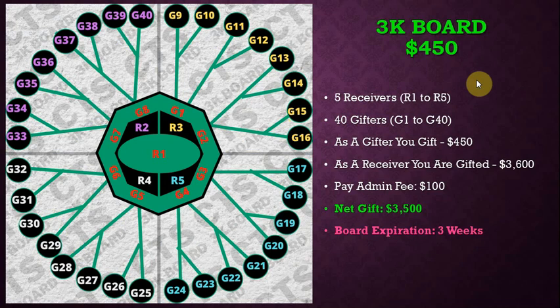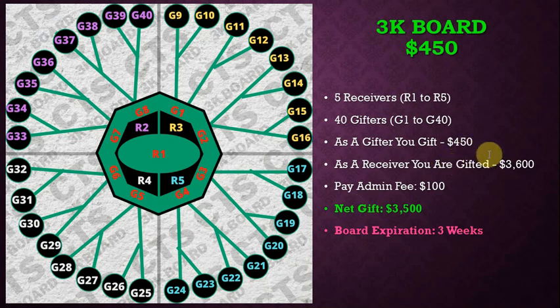And on the 3K board, the gifters give $450. As a receiver, you are gifted $3,600. So you pay the admin fee of $100, and the net gift is $3,500 in hand.